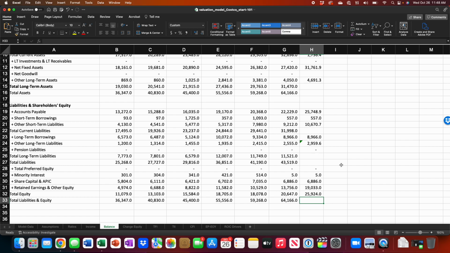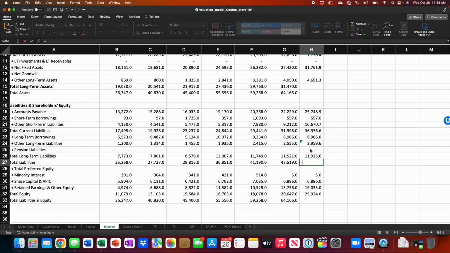I can sum my current liabilities, the 3 above, from accounts payable, short-term borrowings, and other current liabilities to get a current liability of 39,976.6. I can sum my long-term liabilities. Those are the 3 above. The long-term borrowings, the other long-term liabilities, the pension.